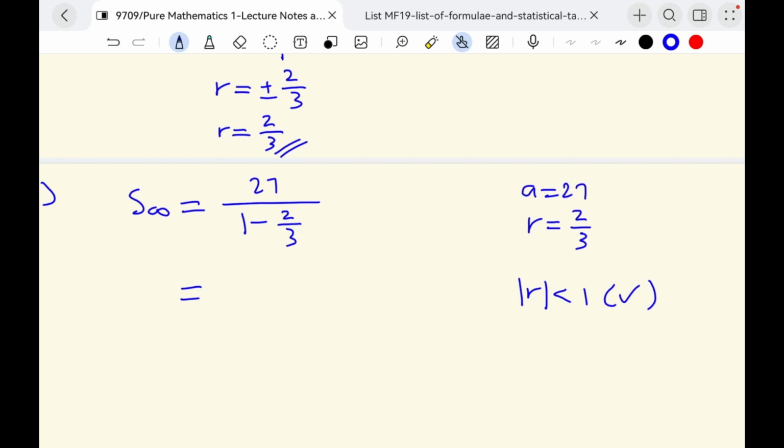Apply the formula properly and key it into your calculator. You will get 81 as your final answer of the sum to infinity for part 2.